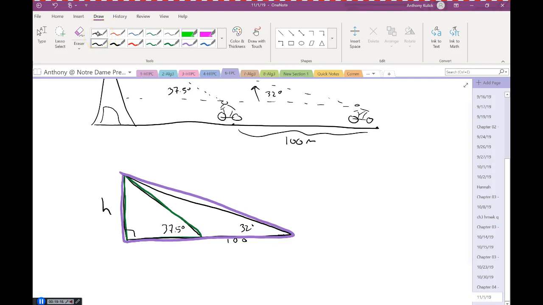So as I've currently drawn and labeled this picture, do we know two sides of either of these right triangles? No. So what I'm going to do is, there's the green one and the purple one.